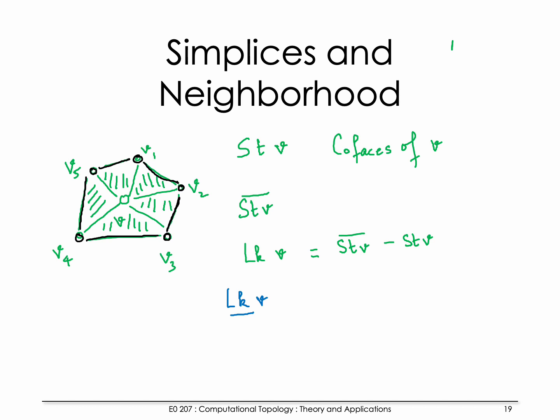Let's assume that some of these vertices have function value lower than that at V. So for example, f at V4 is less than f at V, and let's assume f at V3 is less than the function value at V. Let's assume that the function value at the other three vertices are greater than f at V.